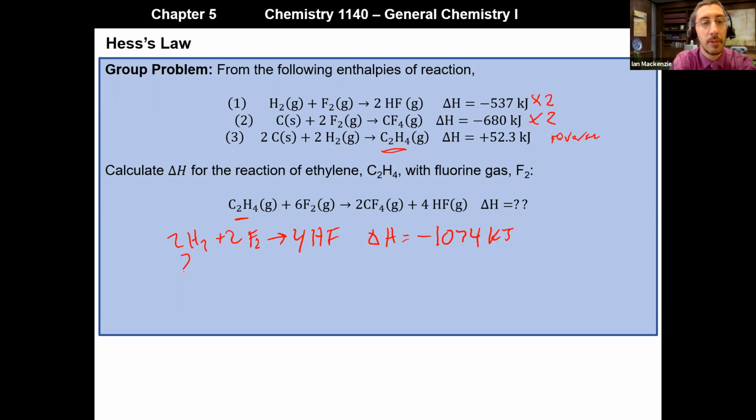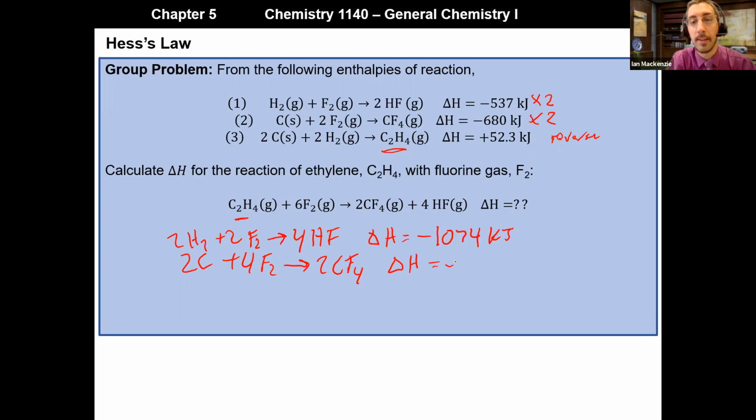Equation 2, I'll have 2 carbon plus 4 F2 goes to 2 CF4. Delta H for this is now negative whatever 680 times 2 is.